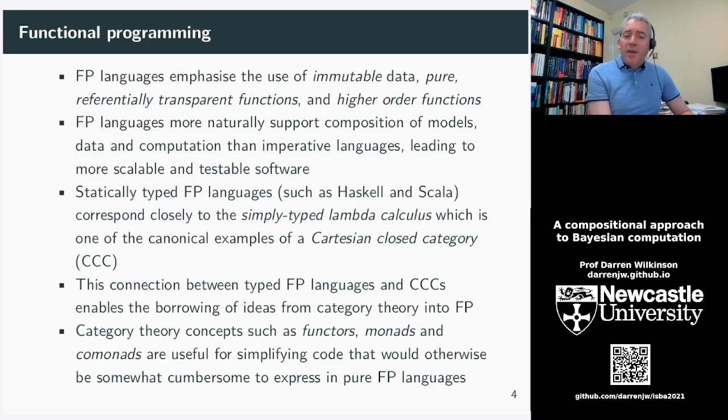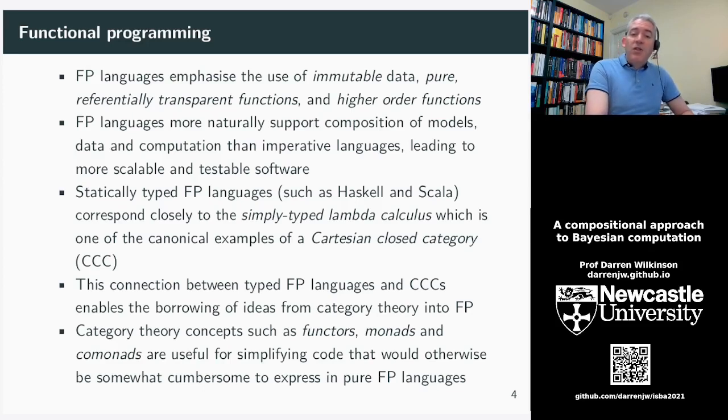So statically typed functional programming languages, and Haskell and Scala are good examples of them, correspond closely to a mathematical model of computation called the simply typed lambda calculus. And the simply typed lambda calculus is one of the canonical examples of a mathematical structure called a Cartesian closed category. Okay? So this is what leads to the connection between functional programming and category theory.